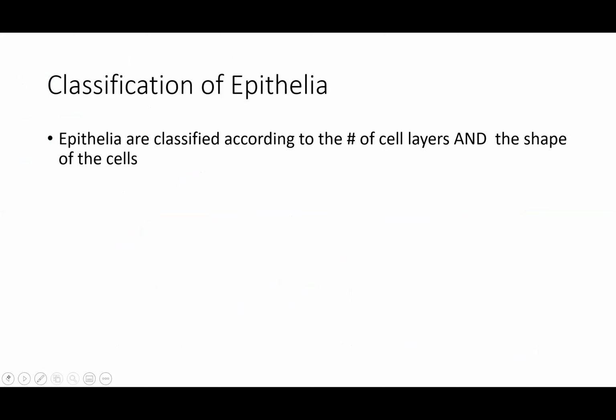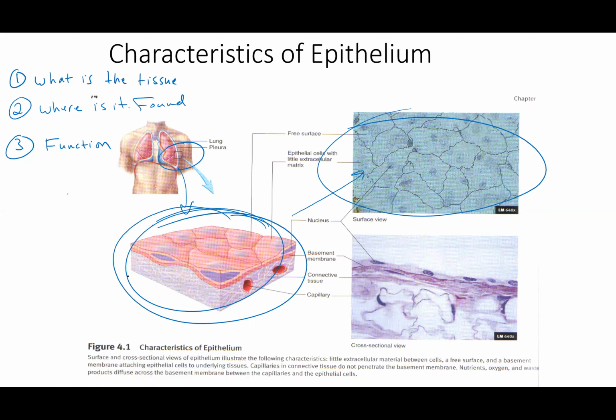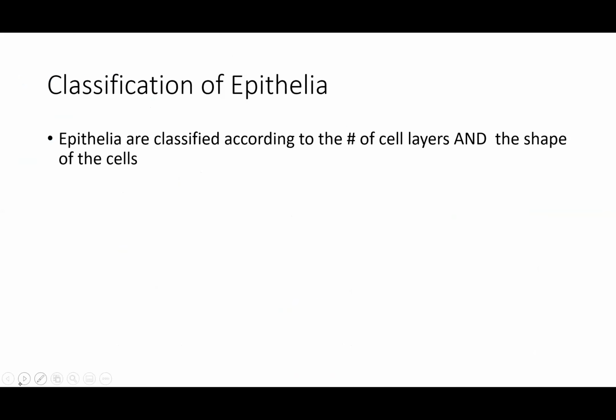Before we can get into why this has its shape and name, we have to cover this part. When they name epithelial tissue, they are named according to the number of cell layers and the shape of the cells.